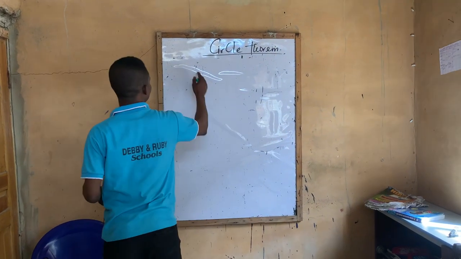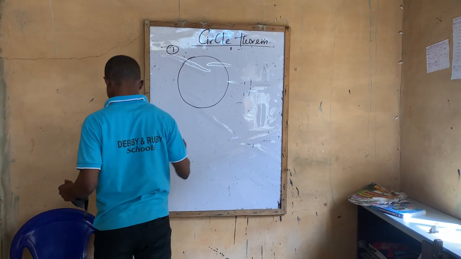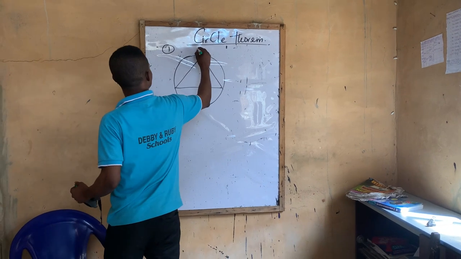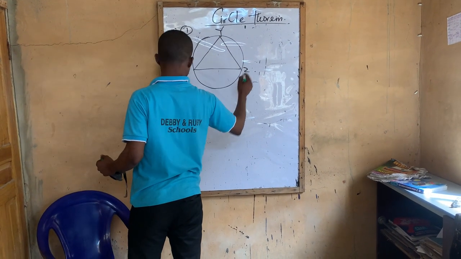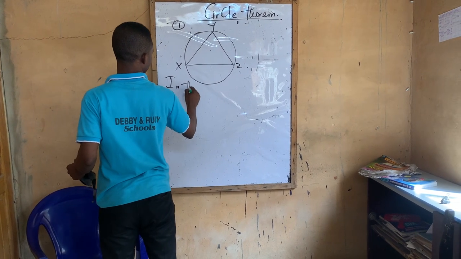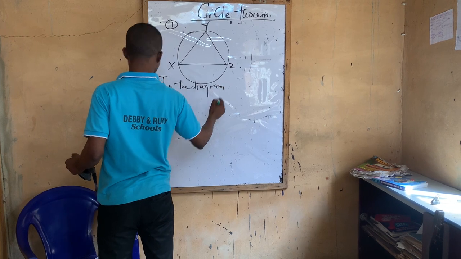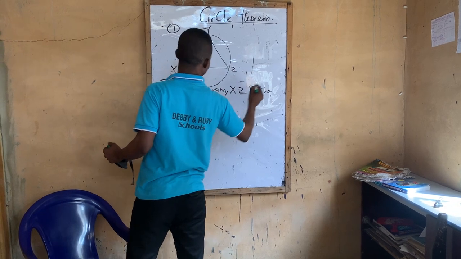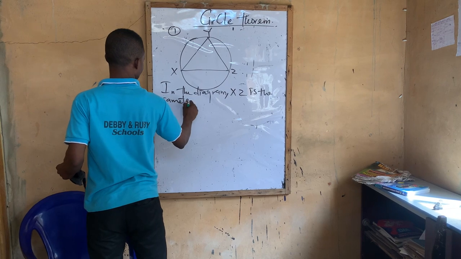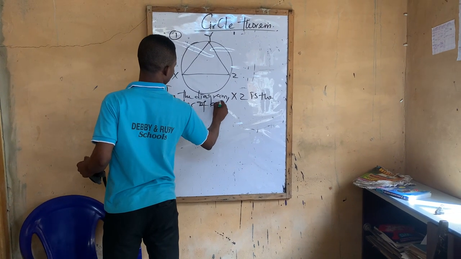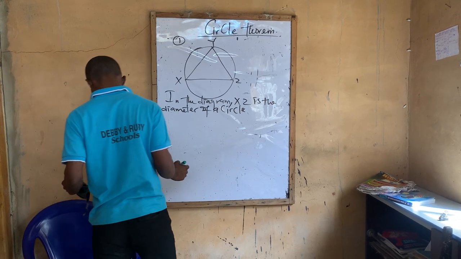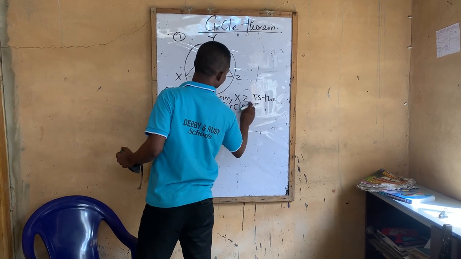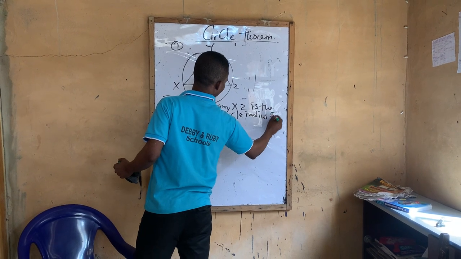Number 1 says we are given something like this, with X, Y, Z. In the diagram, XZ is the diameter of a circle, radius 5/2 centimeters.